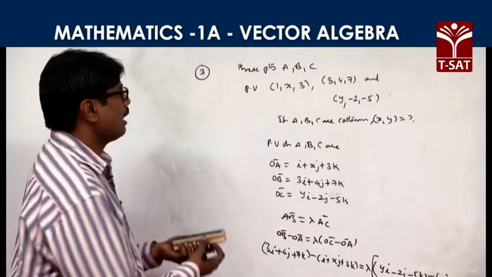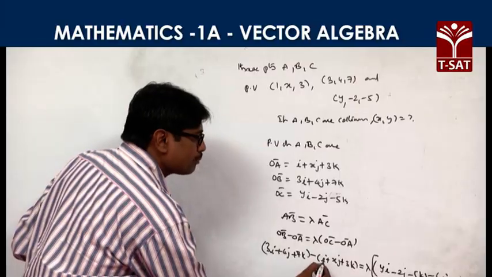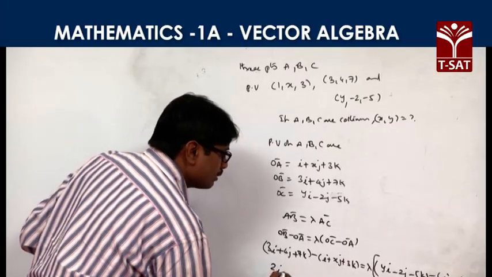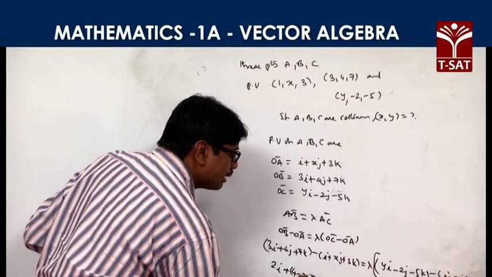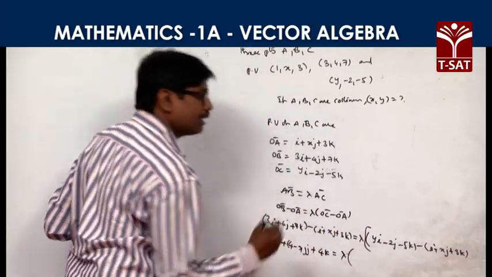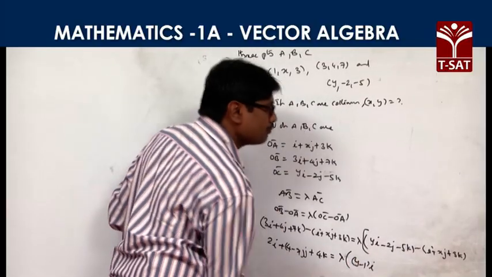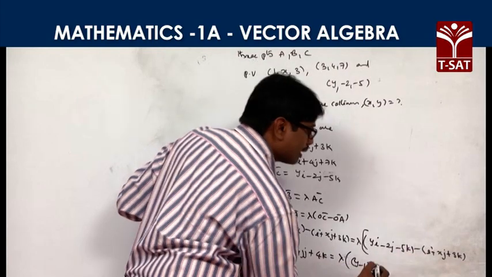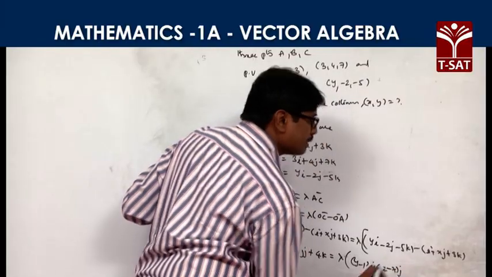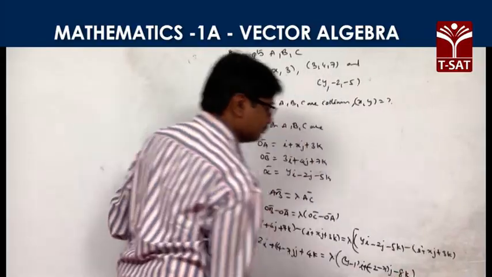So, linearly independent vectors expressed in combination equated to 0 require their scalars to vanish. On equating, I bar component wise, 3I bar subtracted by I bar is 2I bar, and 4J bar subtracted by xJ bar is 4 minus x times J bar, and 7K bar subtracted by 3K bar is 4K bar, is equal to lambda times y I bar subtracted by I bar, that is y minus 1 times I bar, minus 2J subtracted by xJ bar, that is minus 2 minus x times J bar, minus 5K subtracted by 3K, minus 8 times K bar.